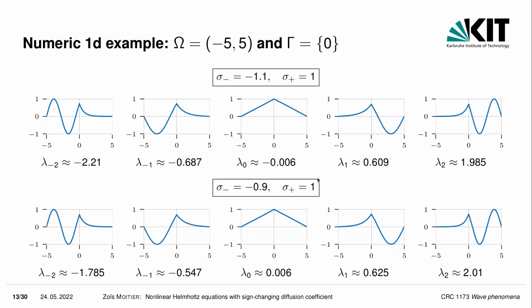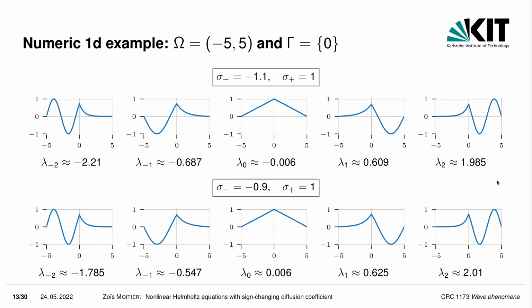And we have an additional eigenvalue, this hat eigenvalue, which can change sign depending on if sigma minus is smaller or greater than minus 1. Okay, so this is just to visualize the eigenvalues.